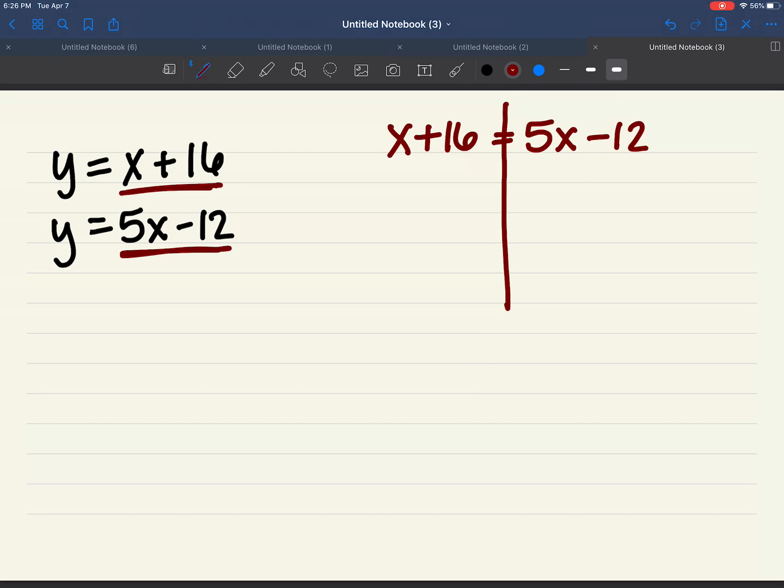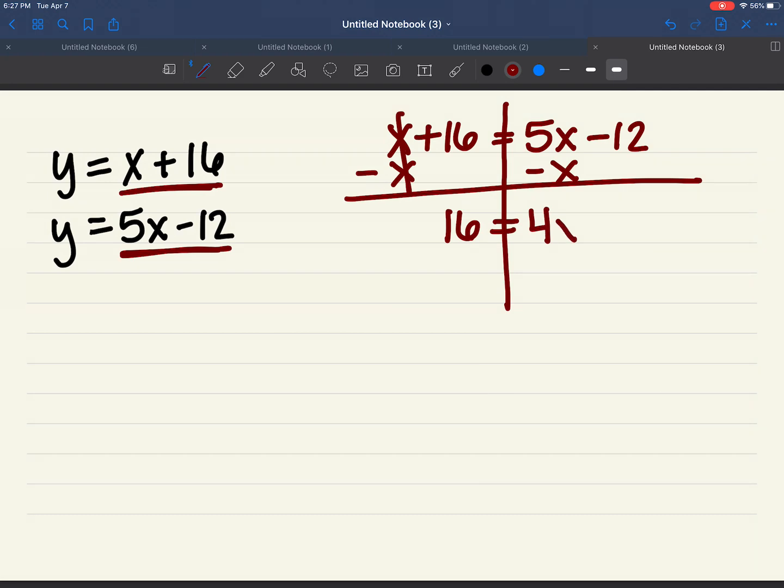I always like to move the value of x with the smaller number in front of it, so that would be here, minus 1x. Remember, if we don't see a number, we know it's 1. So x minus x cancels. On the left side, I would be left with 16. On the right side, 5x minus 1x would give you 4x, and then we need to bring down that negative 12.